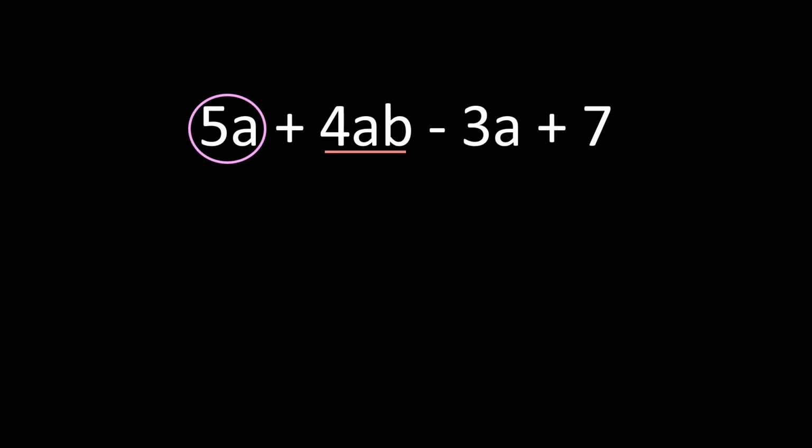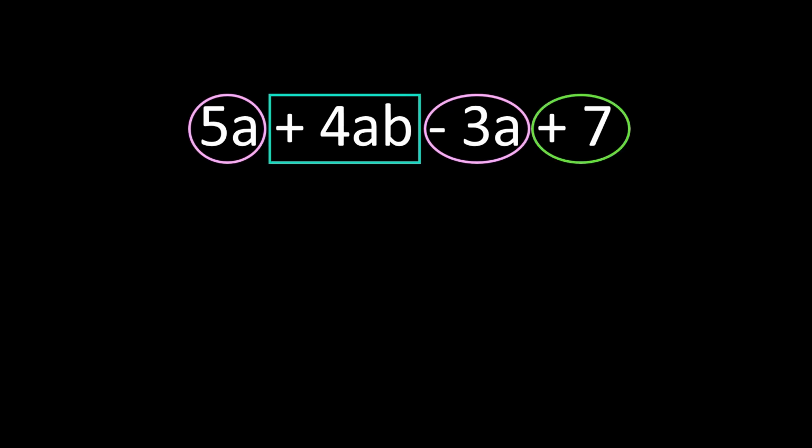It has the a and the b. So it's not something that I can combine with 5a. Negative 3a, however, I can combine with 5a when I'm combining my like terms because it just has the variable a. So 4ab and 7 are going to be grouped individually because they don't have anything else that is like them.